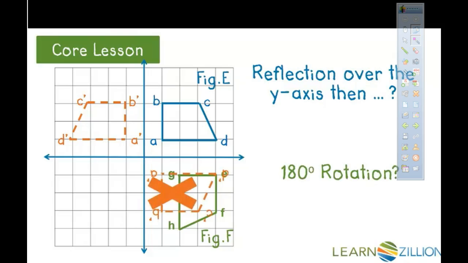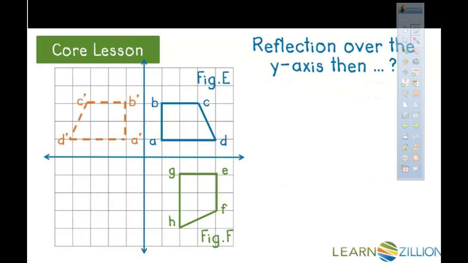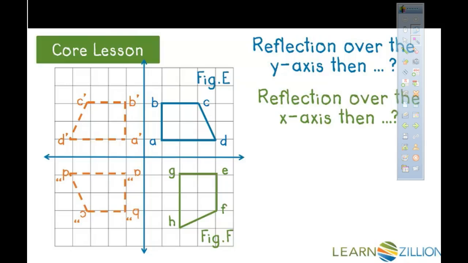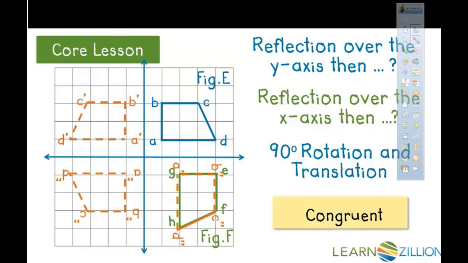Then a 180-degree rotation, and it's not going to fit, so this won't work. Let's try reflecting over the y-axis, and then reflecting over the x-axis, and then a 90-degree counterclockwise rotation, looking good. If we just translate 1 unit, we see that it works.